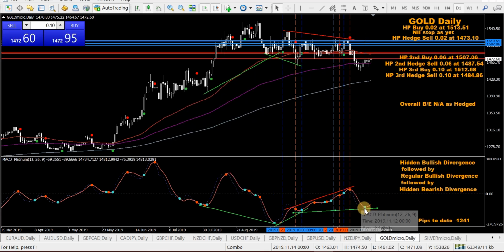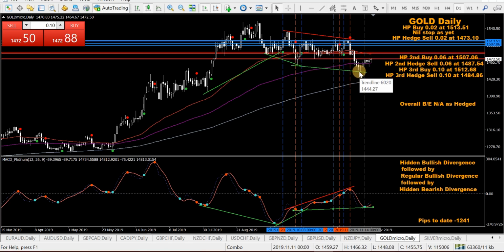So there's possible higher lows on the MACD platinum from there to there. And if we look over here, so we've got lower lows on price. So it's definitely divergence here if it's confirmed. So if we get a buy signal tomorrow, I might look at closing out a couple of these sells and running it up and hopefully recovering some of these pips.